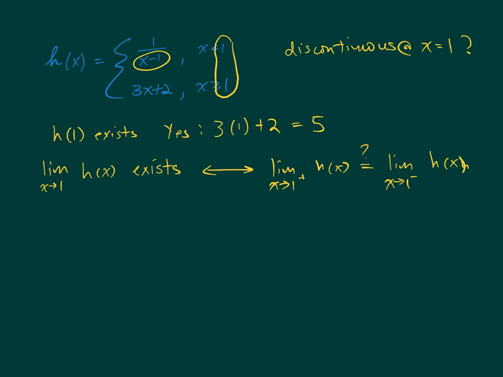And then we need to check, are these two things equal? We already figured out the limit as x approaches 1 from the right, right here. So that equals 5. No problem. We just need to figure out what happens as x approaches 1 from the left.